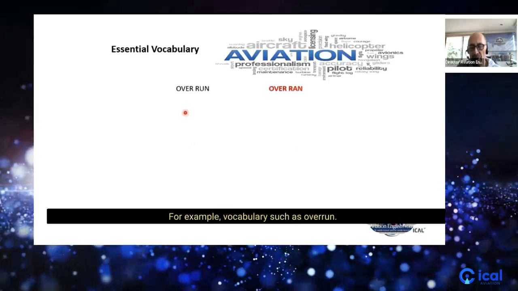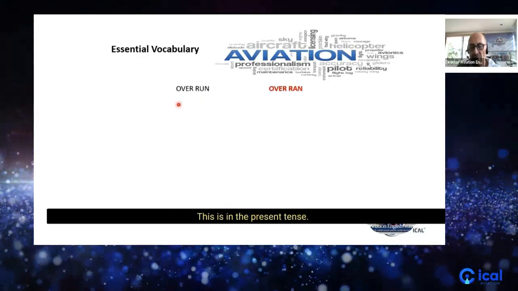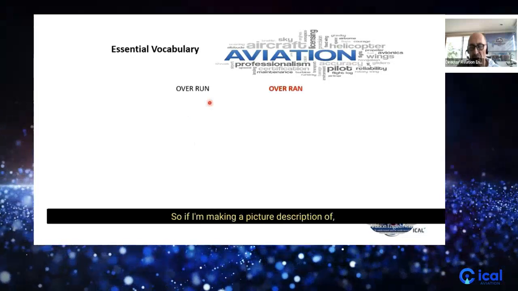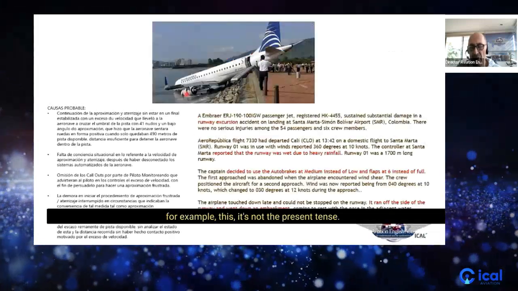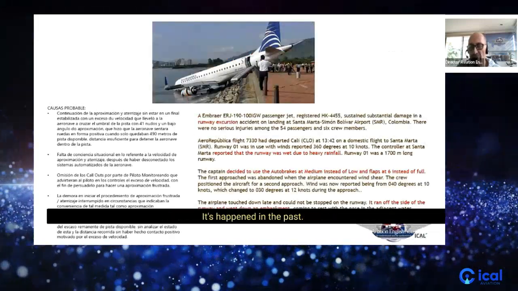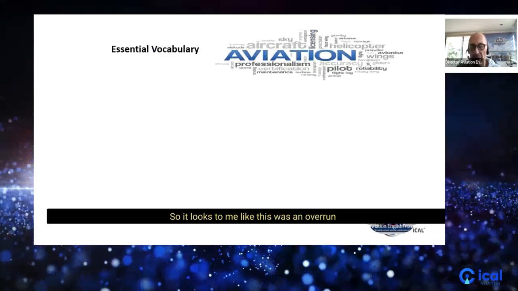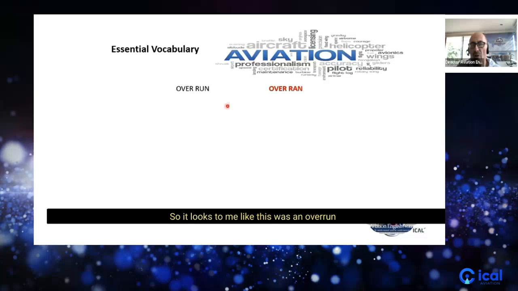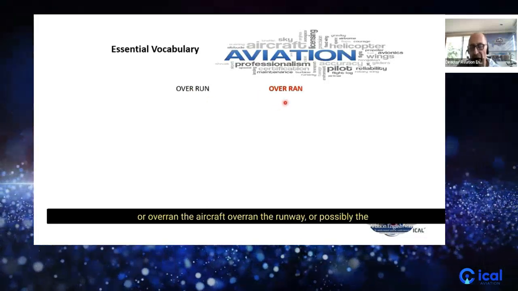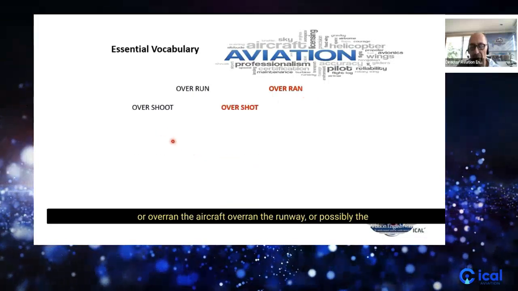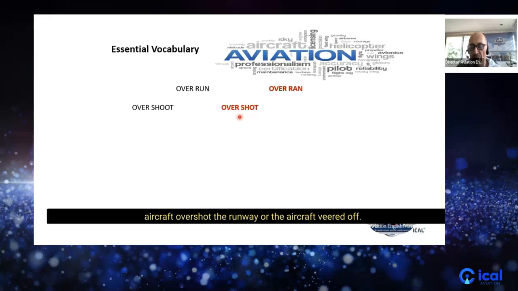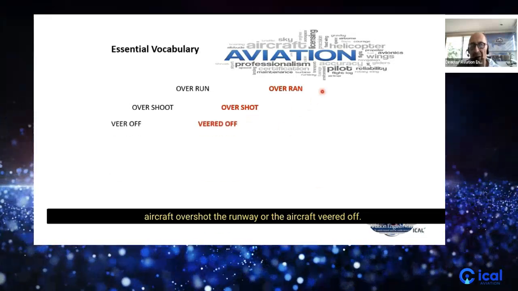For example, vocabulary such as overrun. This is in the present tense. So if I'm making a picture description of, for example, this, it's not the present tense, it's happened in the past. So it looks to me like this was an overrun or overran. The aircraft overran the runway, or possibly the aircraft overshot the runway, or the aircraft veered off.